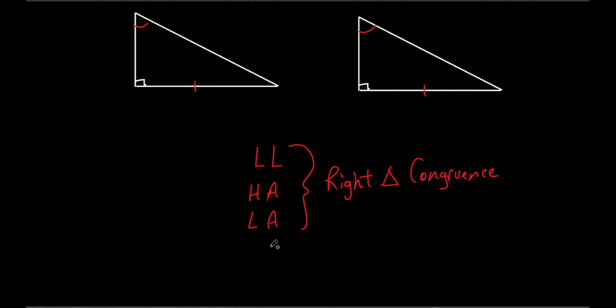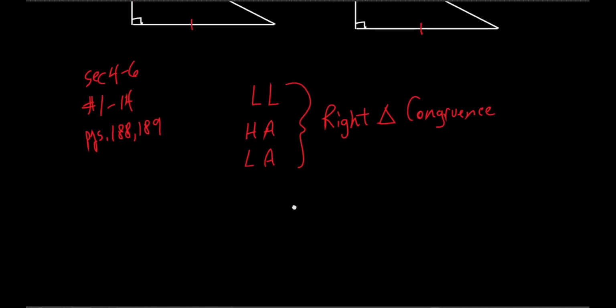You're going to be doing numbers 1 to 14. Your homework is 1 to 14, section 4-6, pages 188, 189. So let's do a couple of these. I'm not going to do them all for you. Don't get too excited. But I'll do a couple of these.